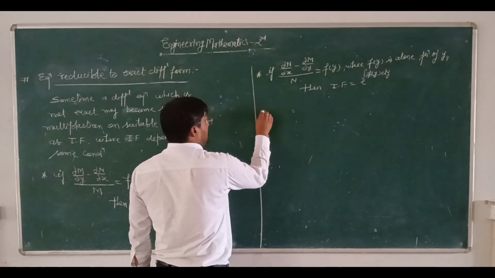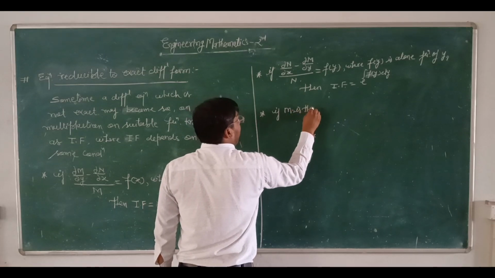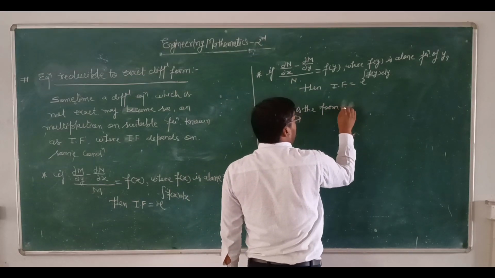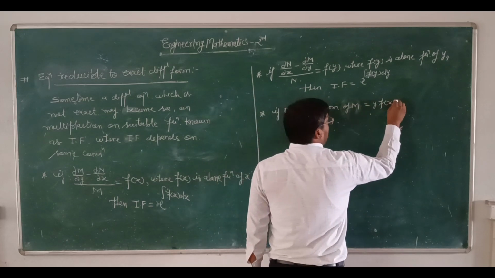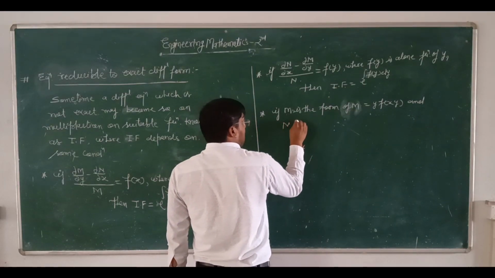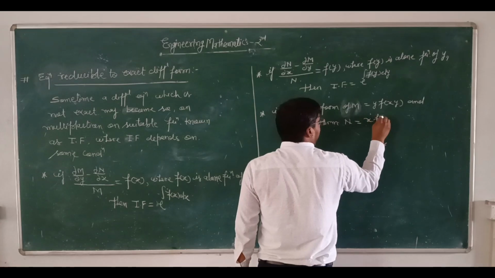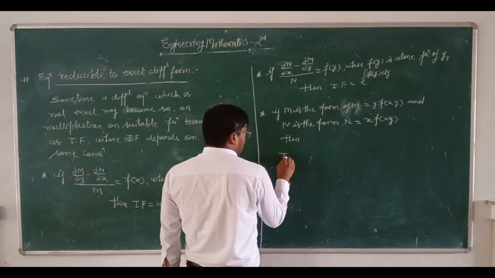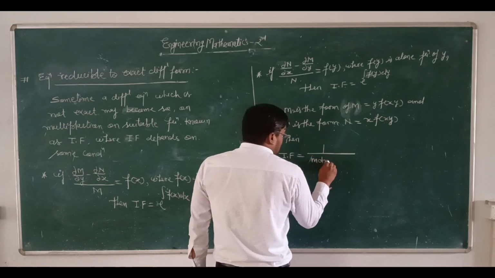Now condition third, if M is of the form M = y f(xy) and N is of the form N = x g(xy), then IF is equal to 1 upon (Mx − Ny).